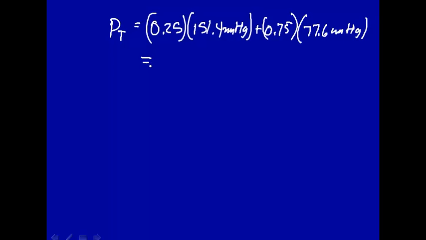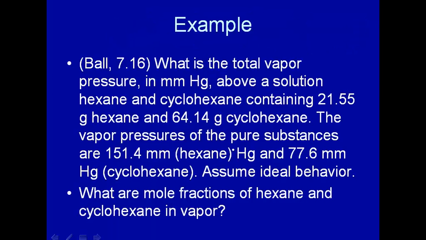So the total pressure comes out to be 96 millimeter mercury. All right, so that should be familiar. Maybe you remember that from introductory chemistry.